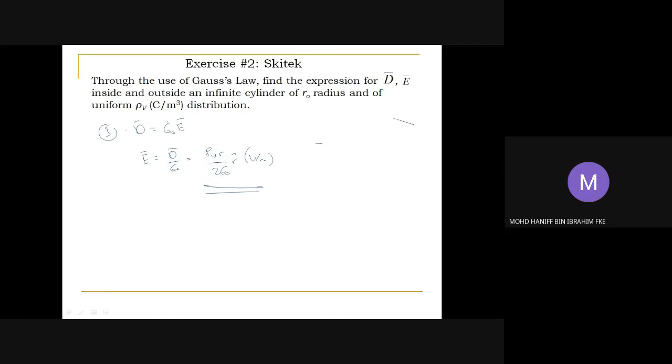If I sketch again, that is your given structure. Your Gaussian is inside here, having a radius of r. This is r naught, your structure's radius initially. So r is the radius of the Gaussian.